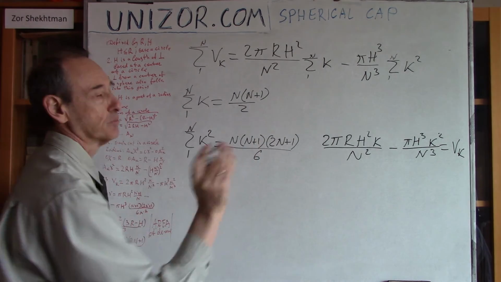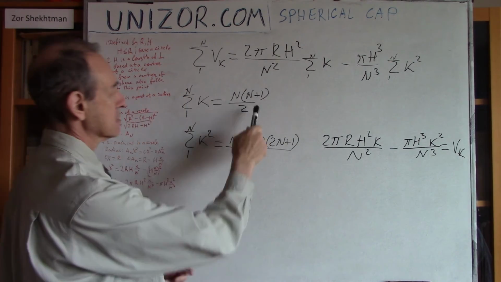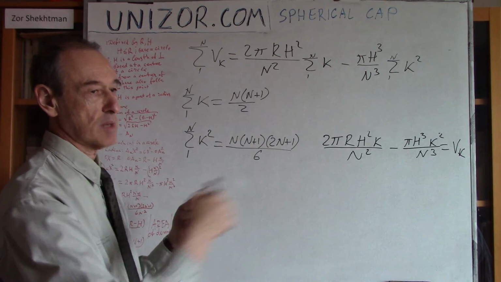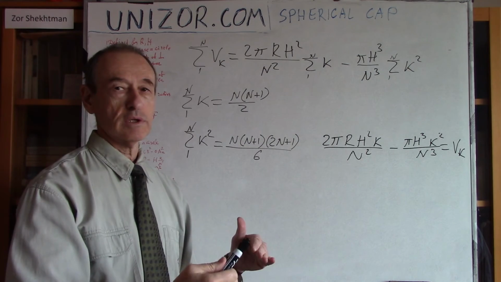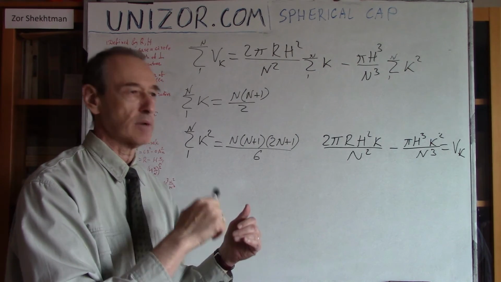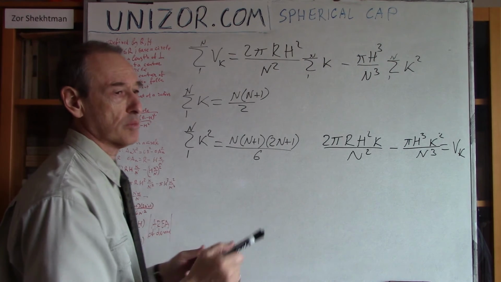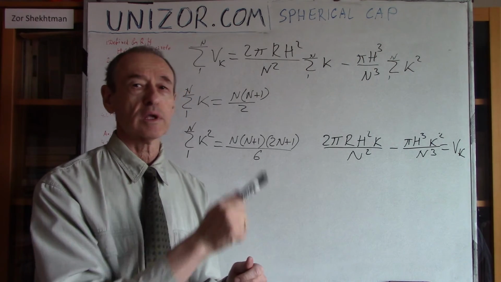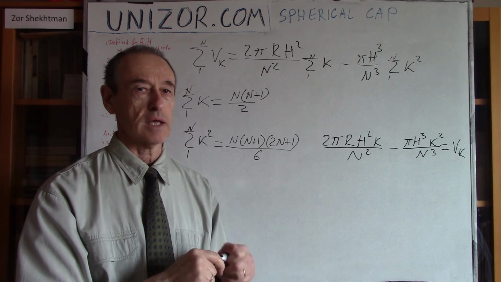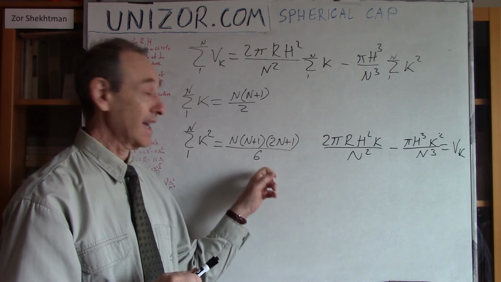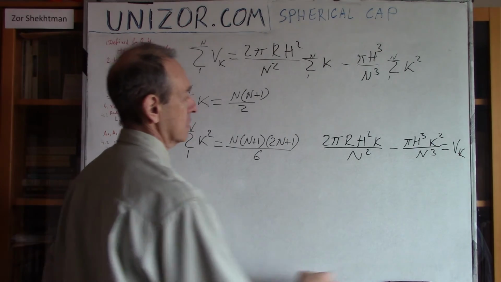Now I derived both these formulas in previous lectures. Whenever you want to sum numbers from 1 to n, you just put the limits underneath the sum, from 1 to n. And how to obtain this formula? Whenever I was talking about pyramids, I believe, yes, the volume of the pyramids, I actually derived this formula. So you can take a look at that lecture. So that's what I have.